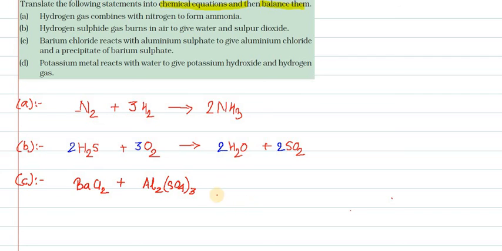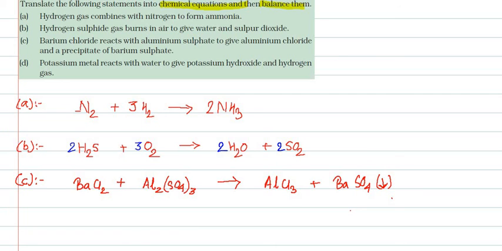To give aluminium chloride. Now aluminium chloride formula is AlCl3, and a precipitate of barium sulphate. Formula for barium sulphate is BaSO4. Precipitate means it's a solid formation. Just show it with an arrow downwards.